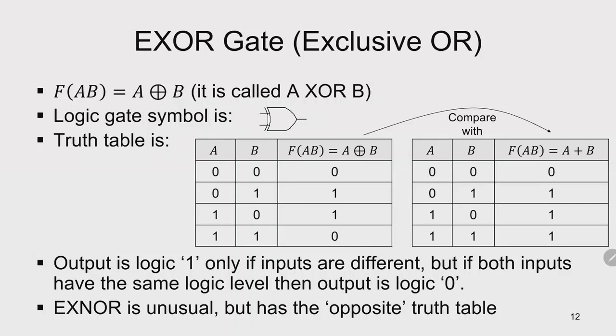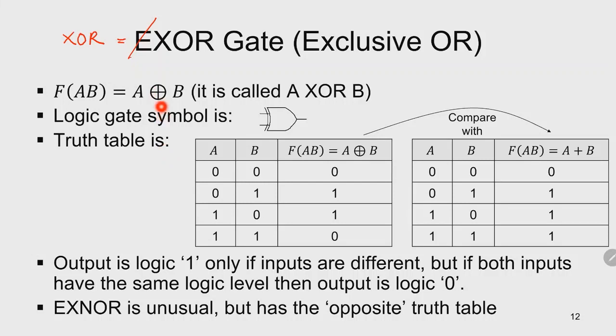And then we have what we call an exclusive OR gate. Here I use EX, but very often it's just XOR. E is not normally put down there, so it's just XOR, the exclusive OR gate. The Boolean operator for this is our plus sign with a circle around it. This is called an exclusive OR.